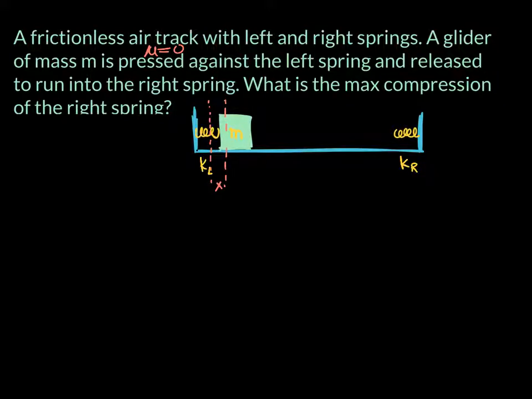So what is the max compression on the right spring? What's going to be true initially about the kinetic energy when all I've done is compress the spring? Is it moving? Nope. Kinetic energy initially is 0. It slides across, has some kinetic energy in the middle. At max compression of the spring, what's the speed? So the initial and final kinetic energies are 0.